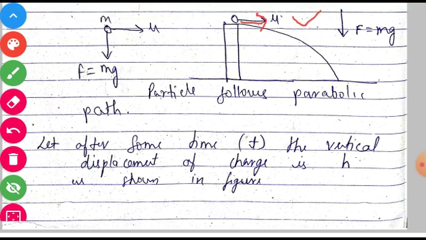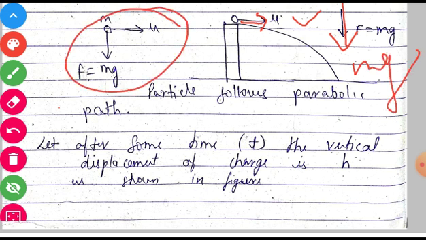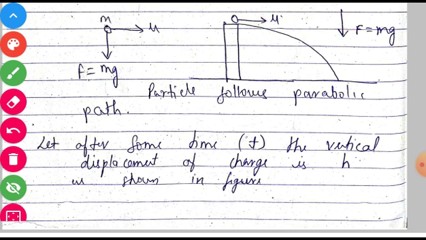We all know that near the earth there is always a gravitational force mg in the downward direction. I have shown the free body diagram here. Here the velocity of our object is in the horizontal direction and the force is in the vertically downward direction, and we can clearly see that the path is a parabola.